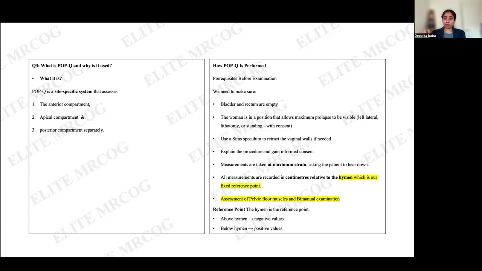Anything above the hymen is given as negative numbers and anything below the hymen is given as positive numbers. Say for example, -1, -2, -3, -4, -5. Similarly, +1, +2, +3, +5. Use these simple words. It's not a big deal at all. The hymen is a reference point, anything above it is given as negative values, and below the hymen is the positive value.